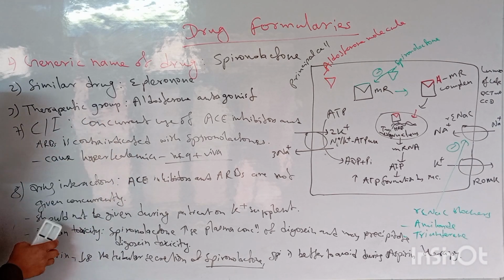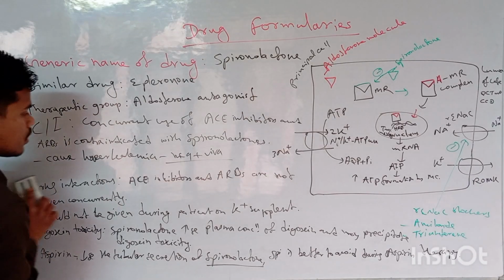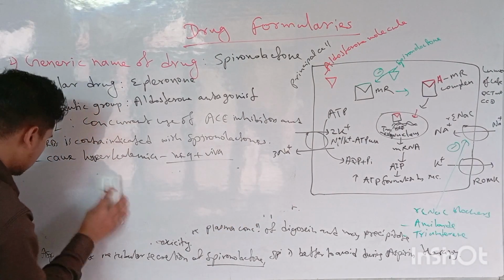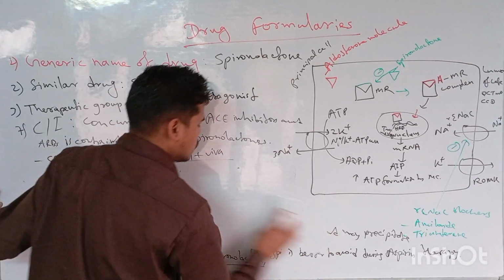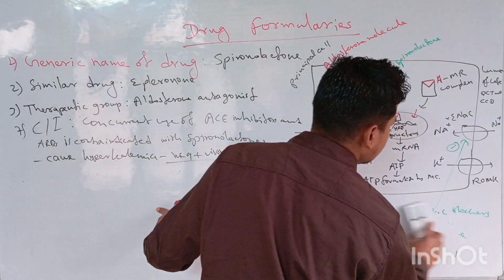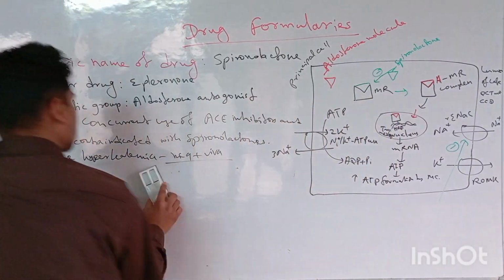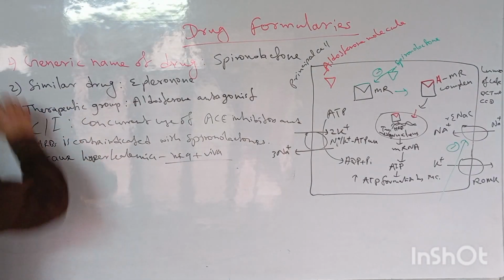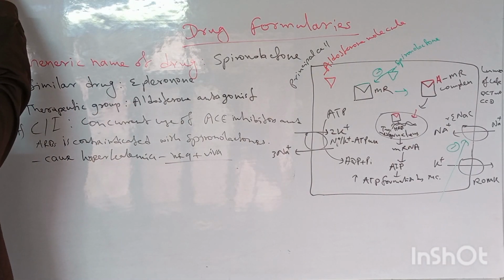Now last is the rationale of combination. I will draw this rationale of combination. It means, what is the effect if two drugs are given concurrently? What is its significance?